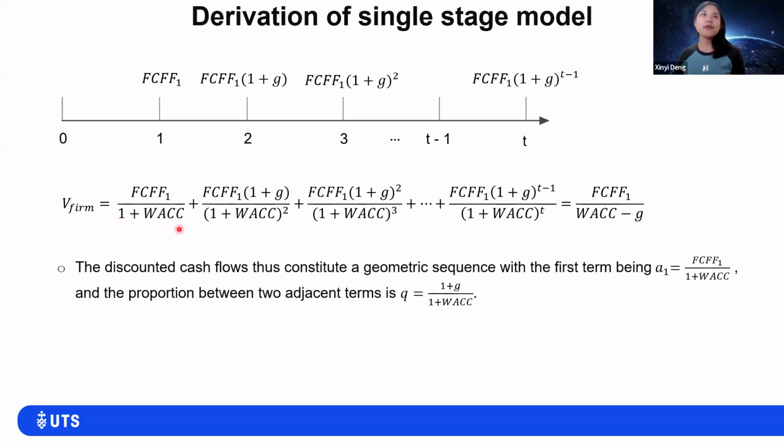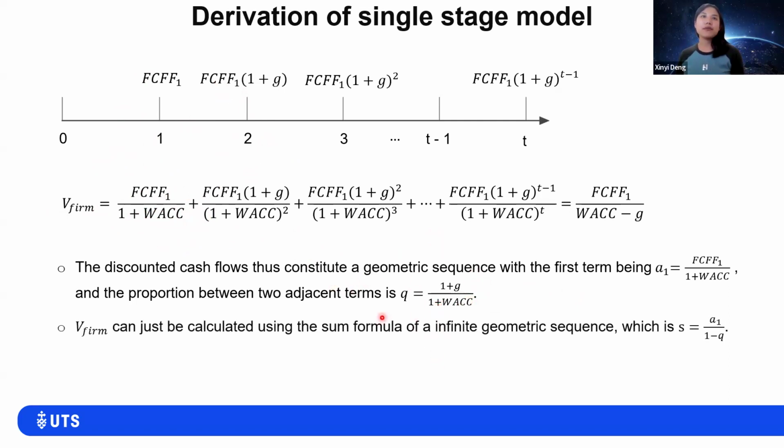If we look at those discounted values, we notice that they constitute a geometric sequence, with the first term being FCFF1 divided by (1 plus WACC), and the ratio between two adjacent terms, for example the discounted value of year 2 and the discounted value of year 1, being Q equal to (1 plus G) divided by (1 plus WACC).